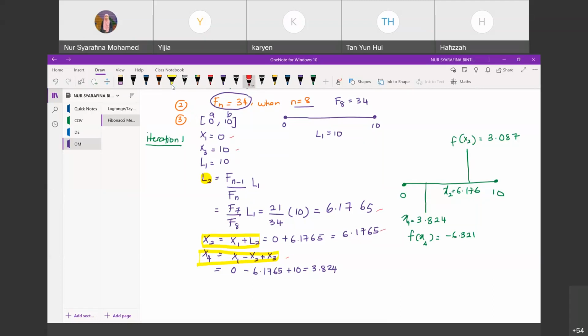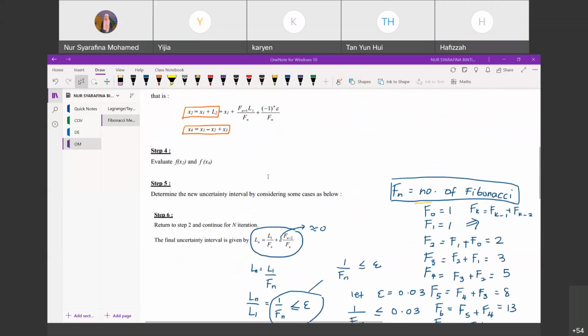Even though x2 is x2, the value is 6.176, so it is located here. And then x4 is here. This is your x1, this is your x3. And L2 is actually the difference between x1 and x2 and also x4 and x3. So this is L2.